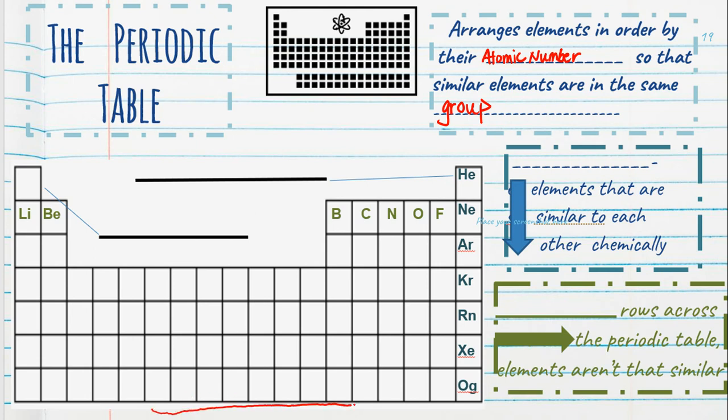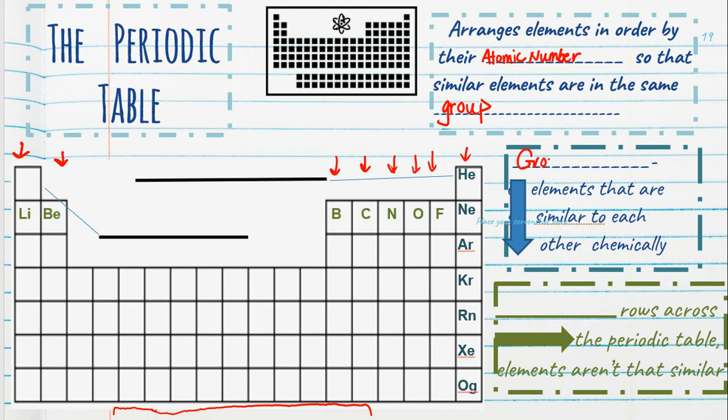Now there are two rows on the bottom, and if you downloaded the periodic table off of my Canvas, you know that already. But it basically looks like this, okay? So one of the things I want you guys to know is the names of the elements as they're read down a column.